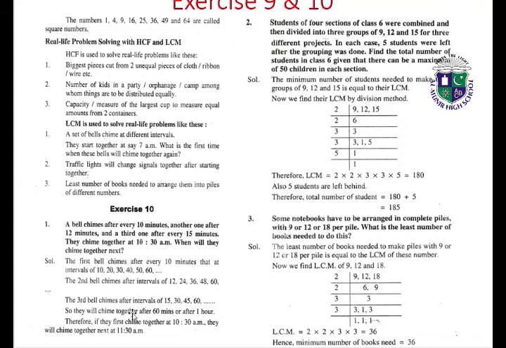The third bell chimes after intervals of 15, 30, 45 and 60. So they will chime together after 60 minutes, or after 1 hour. Therefore, if they first chime together at 10:30 a.m., they will chime together next at 11:30 a.m.